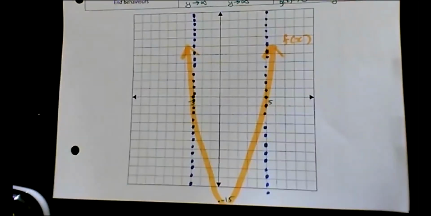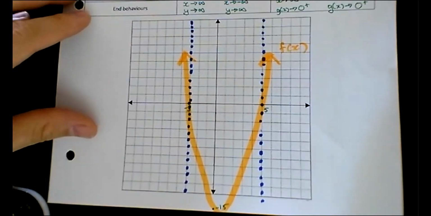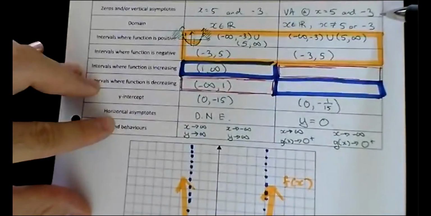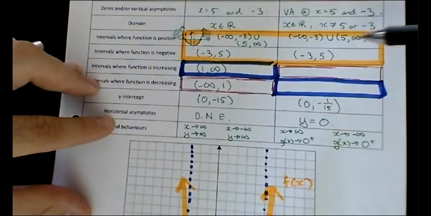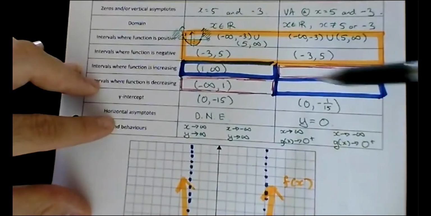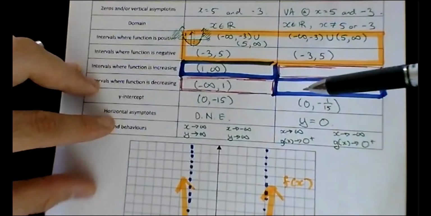So we've got vertical asymptotes. I've done that, and I've established this. This is going to help me confirm whether I got this graph right or not. And knowing that they're going to switch, you will see that the pattern still sticks.